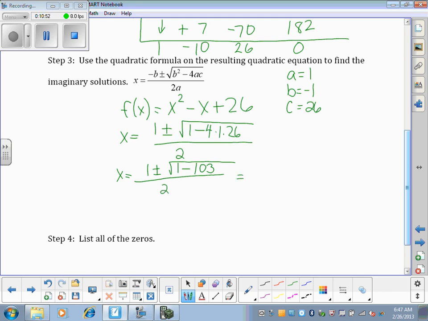This is a lovely problem, as you can see. You get 10 plus or minus the square root of negative 4, all over 2.